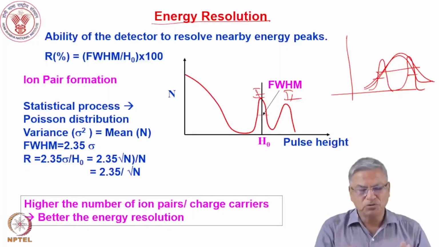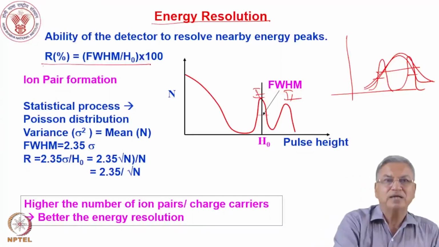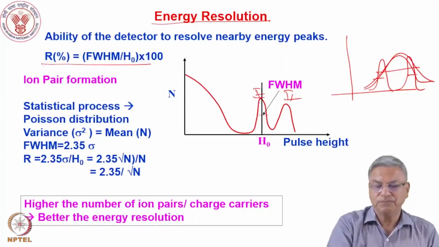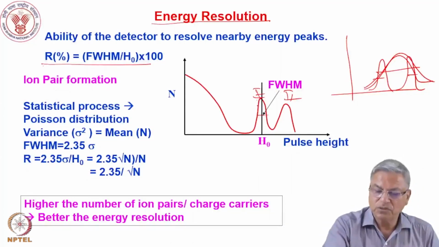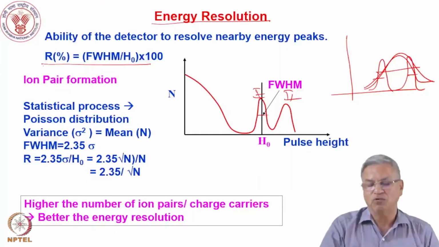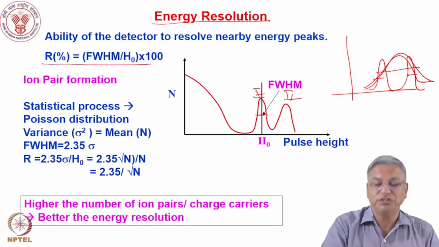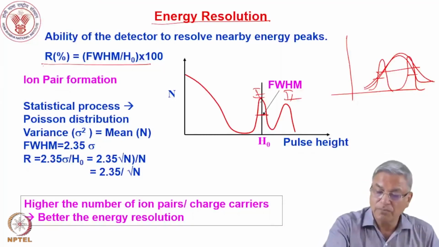When you say better resolution, how is the R value defined? R is the resolution in percentage. Normally when you see the pulse height spectra, they will appear like a Gaussian, a single peak, and the full width at half maximum of a Gaussian, FWHM, is the width when the counts become half.